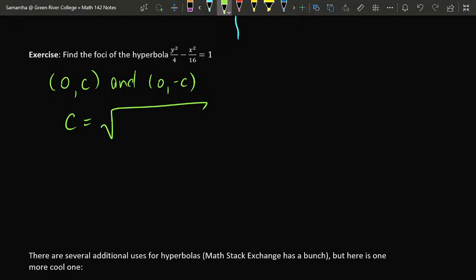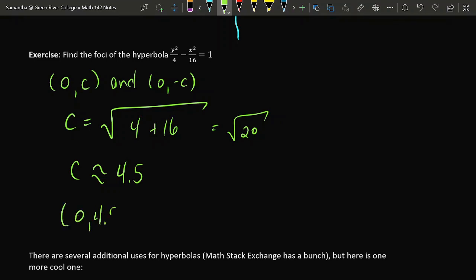That can be found by taking the square root of the sum of the a squared value and the b squared value, these two numbers under x squared and y squared. So that's equal to the square root of 20, which is approximately equal to 4.5. So the focus points are located at (0, 4.5) and (0, negative 4.5).